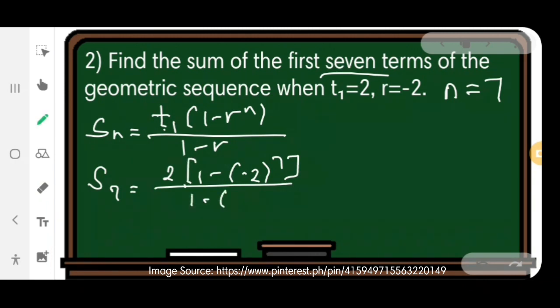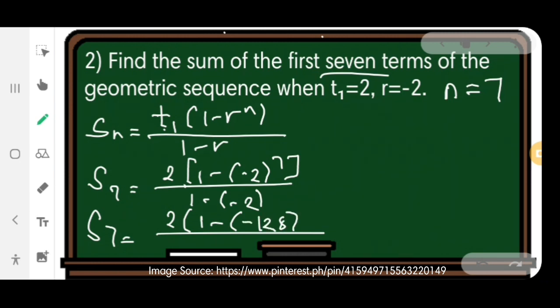Then 1 minus negative 2. So S sub 7 is equal to 2 times 1 minus negative 2 raised to 7, which is negative 128, all over positive 1 minus negative 2, which is 3. Let us proceed to the next step.